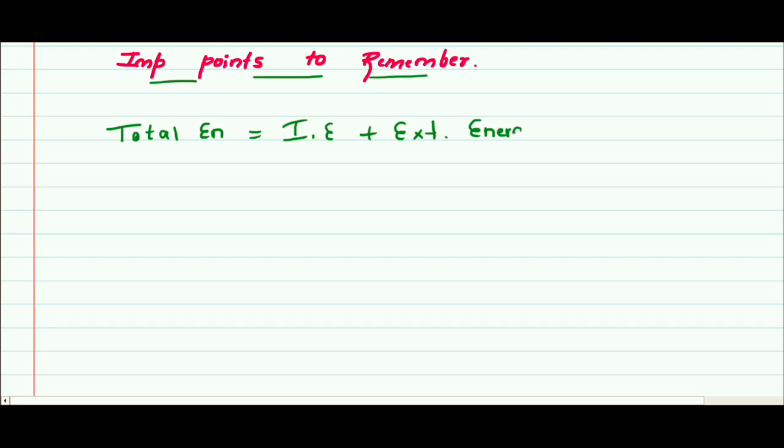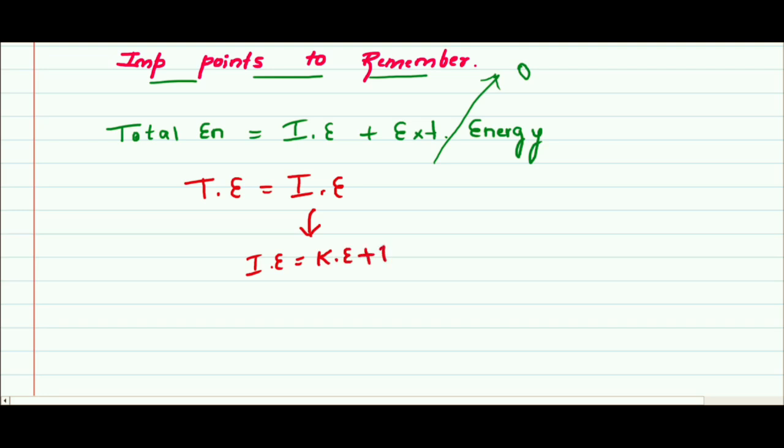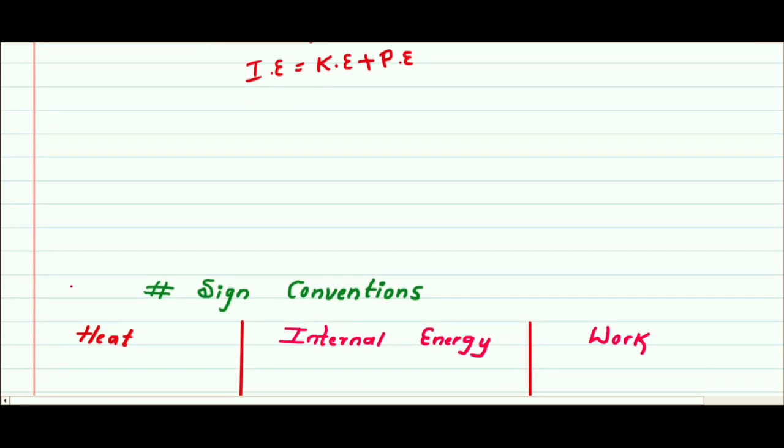Since we are considering the internal energy case, the external energy becomes 0. Hence we can say that total energy is equal to internal energy, and internal energy is equal to kinetic energy plus potential energy, right? So this is the real case.